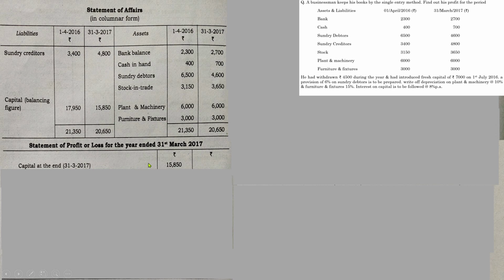From that you need to add drawings during the year. In the question it was specifically mentioned that he had withdrawn 4,500 during the year. So write down 4,500. If you add 4,500 with 15,850, you will get 20,350. Next, you need to adjust the additional capital introduced during the year.